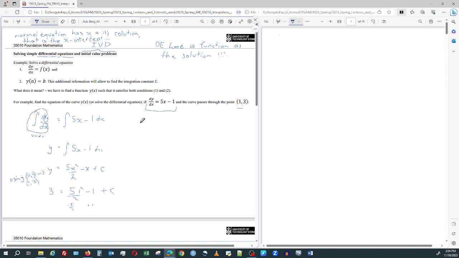Therefore, c is equal to 3 plus 1 minus 5 on 2, which is 4 minus 5 on 2.